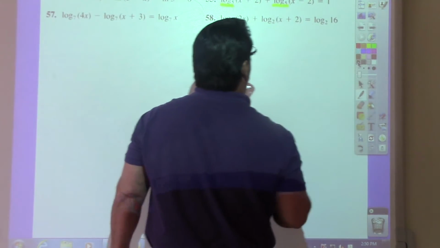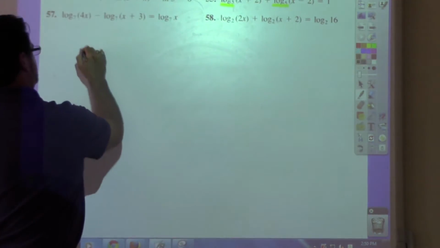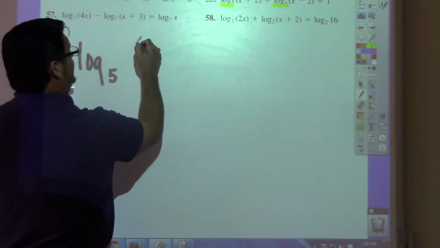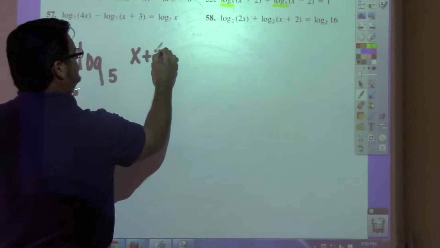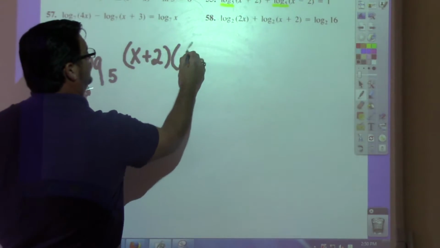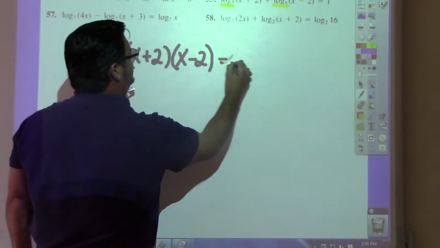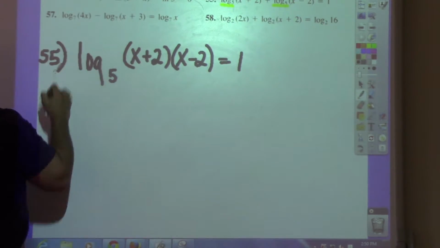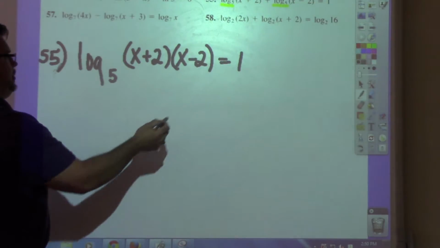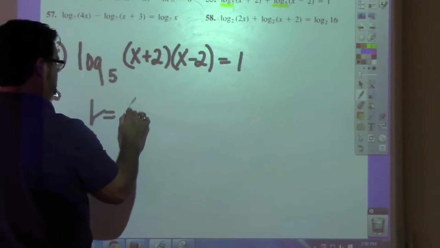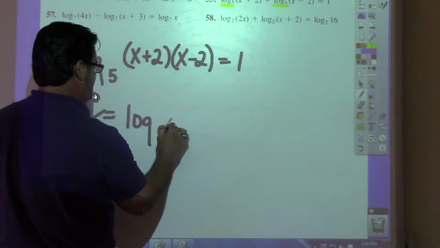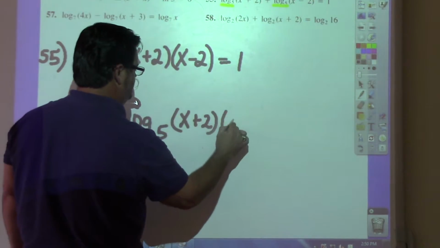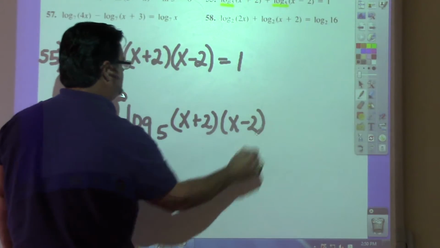So that means that we can rewrite that as log base 5 of x plus 2 times x minus 2 is equal to 1. And that looks like to me, you can rewrite it as 1 is equal to log base 5 of x plus 2 times x minus 2.